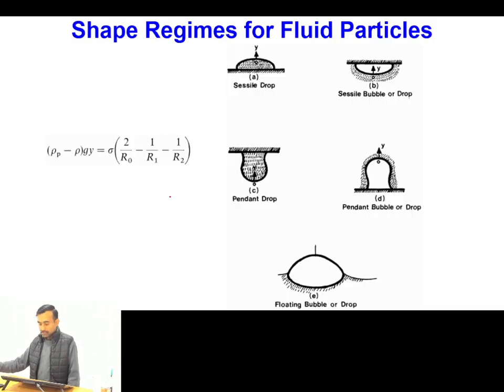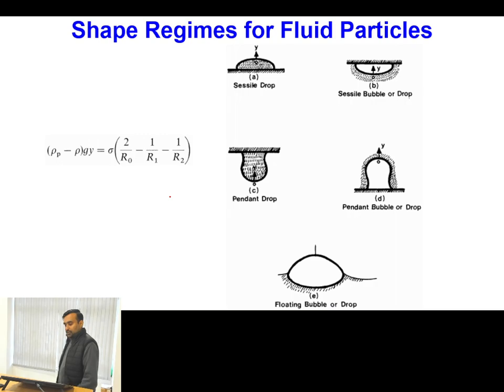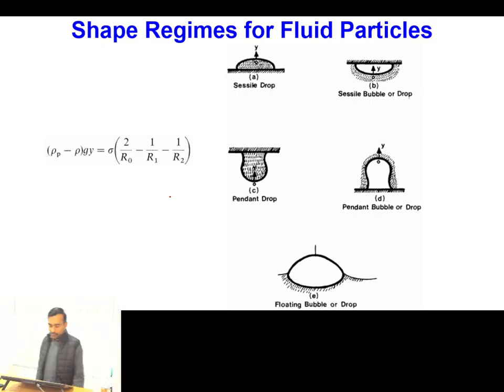Now let's talk about the shapes of fluid particles. Whenever a fluid particle exists in different situations, it can have different shapes. First we are discussing the shape of fluid particles when they come in contact with solid surfaces.